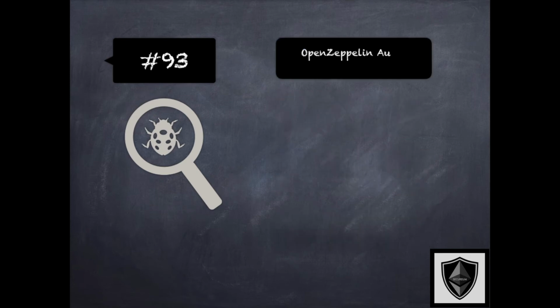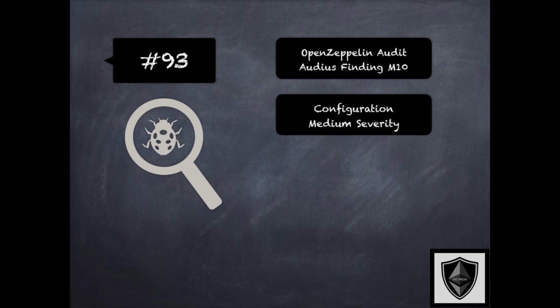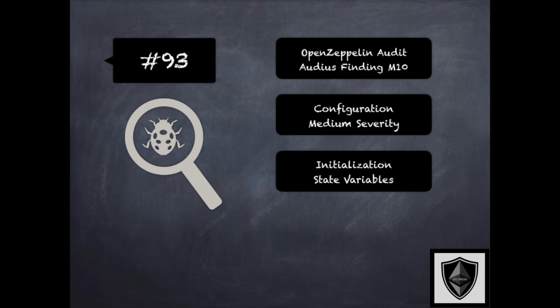93 is another finding from OpenZeppelin's audit of Audius, where it was a medium severity finding related to configuration in which some state variables were not set during initialization. For context, the Audius contracts could be upgraded using the unstructured storage proxy pattern, which requires the use of an initializer instead of the constructor to set the initial values of the state variables.